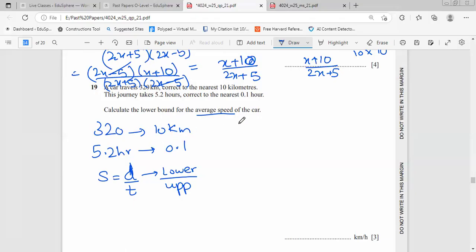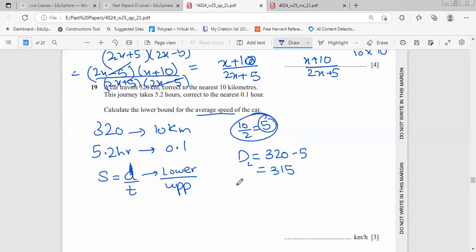When we divide 10 by 2, we get 5. So it means we have to add or subtract 5 kilometers. For the distance, 320 plus 5 is the upper bound, and for the lower bound of the distance, it will be 320 minus 5. So I get 315 for the lower bound of the distance.